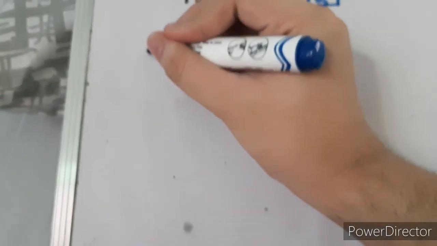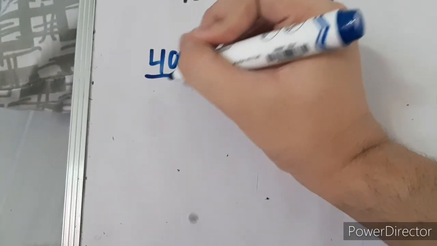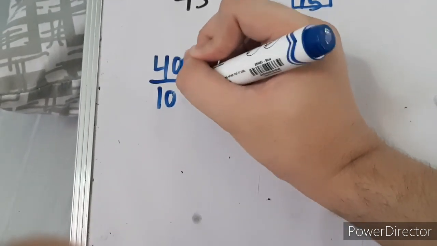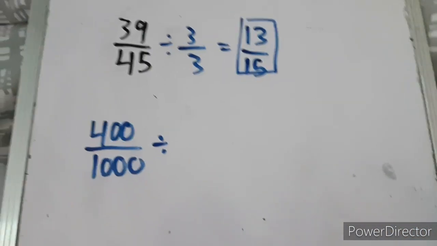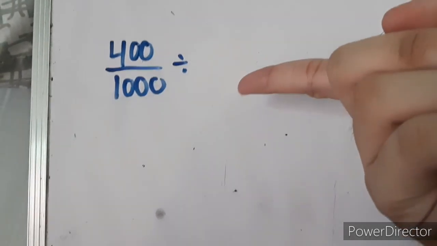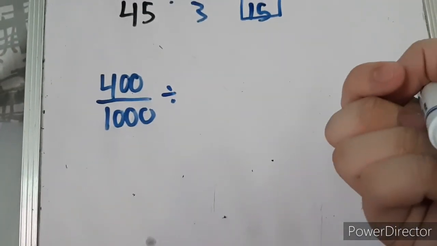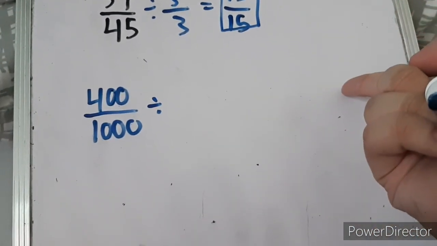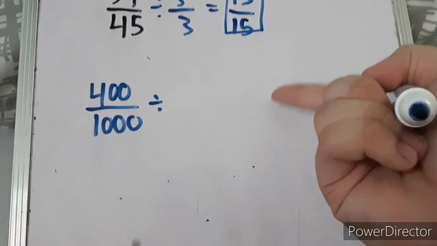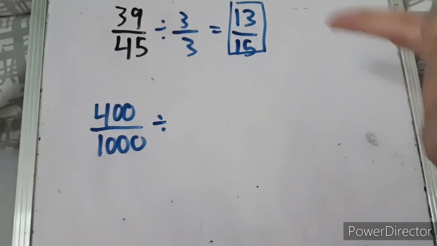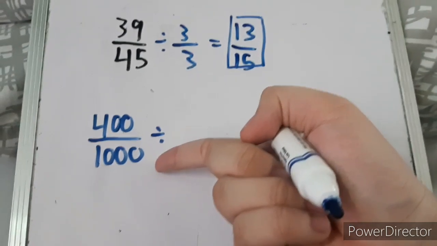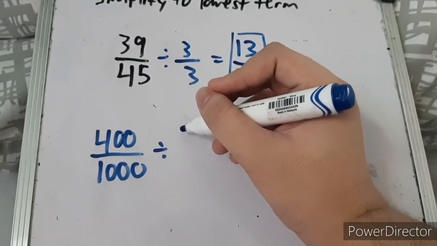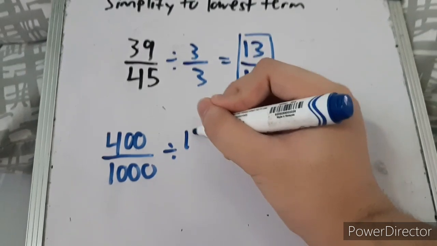Kunyari, 400 over 1,000. May dalawang options po. Pwede mag-start sa 2, tapos i-divide hanggang makukuha ng lowest term. Or, maghanap ka na ng higher number para mas mabilis. So, 400 over 1,000, the highest number is 100.